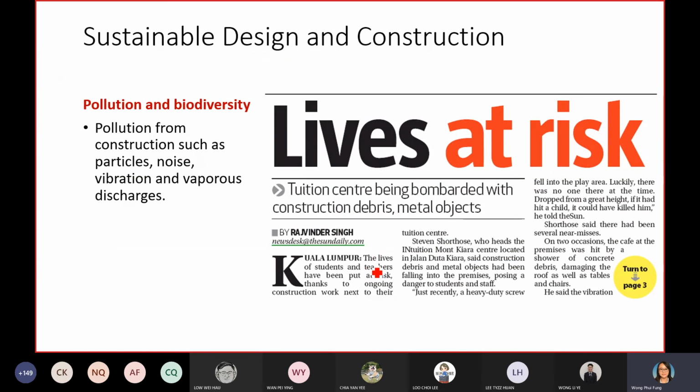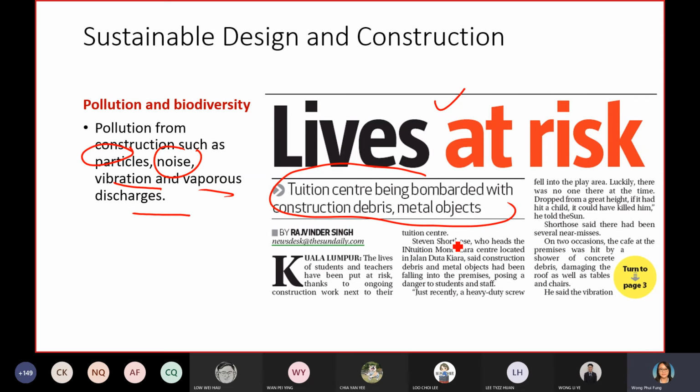Okay. Next one is talking about pollution and biodiversity. Pollution from construction such as particles, noise, vibration, and vaporous discharge. So you can see from this news, the tuition center was actually bombarded with construction debris, metal objects, lives at risk.